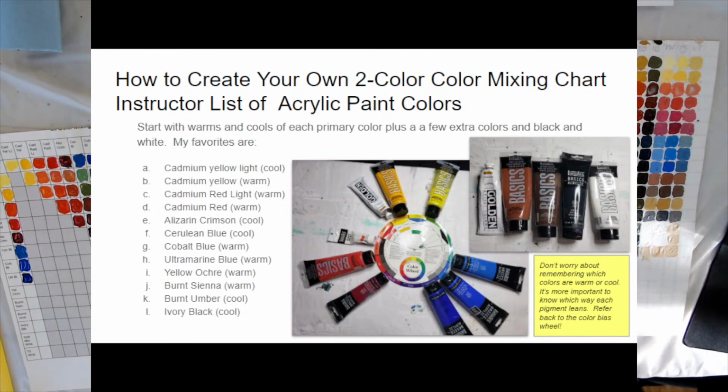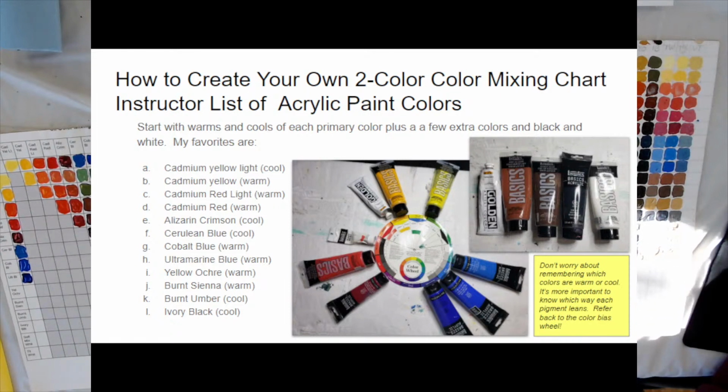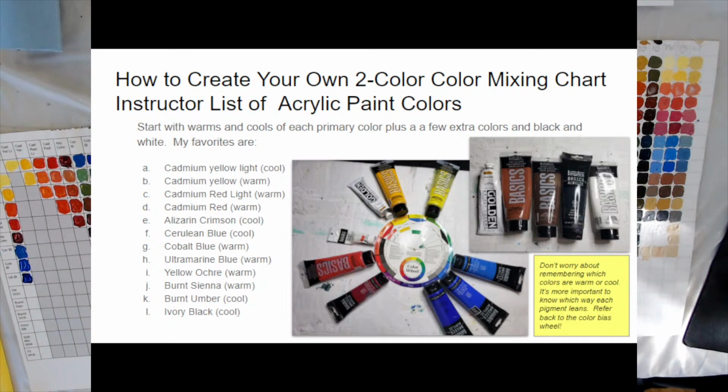With your yellows, you have yellows that reflect green and yellows that reflect orange. So with the cadmium yellows, cad yellow light reflects more green. Your cad yellow medium is going to reflect more orange. So you put that there.